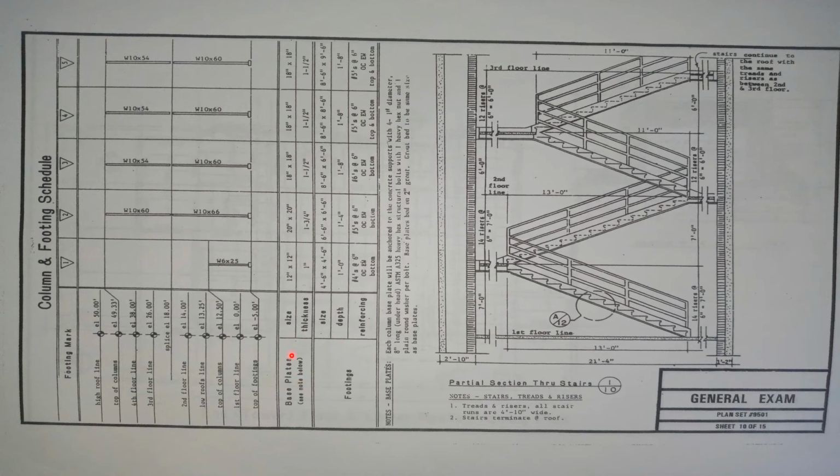Then you have this base plate here that goes on top. You may have to figure out what the base plate is: how many cubic feet of steel. We'll talk about how we figure that out. And then you actually have your steel columns here.